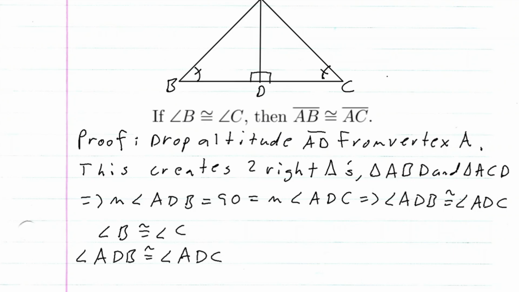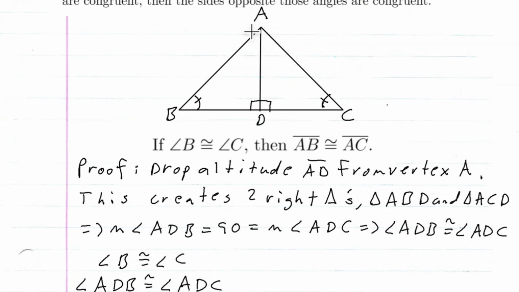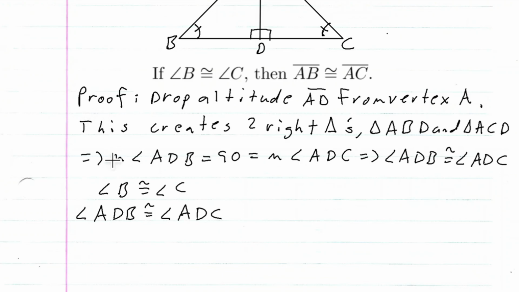And notice we have AD congruent to AD because that side is shared among these two triangles, and of course a side is congruent to itself. So we have AD is congruent to AD.